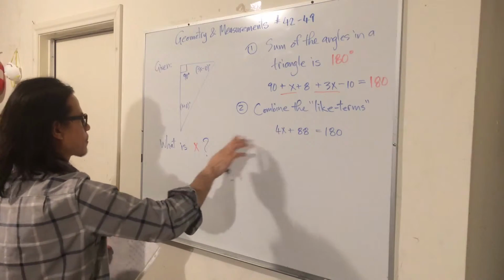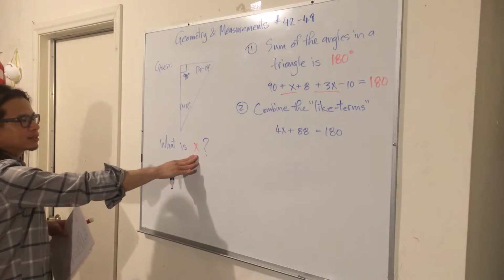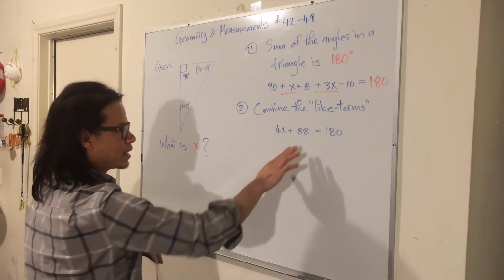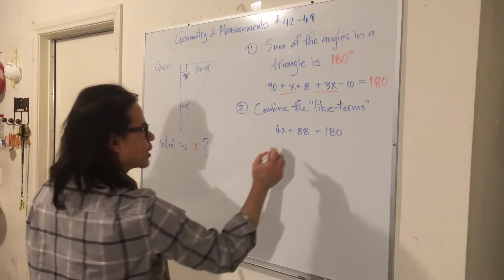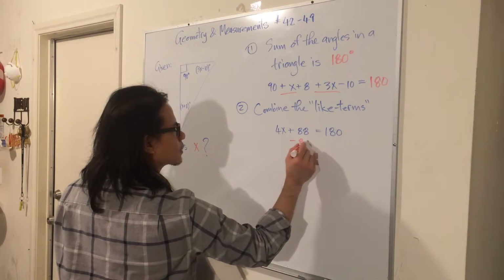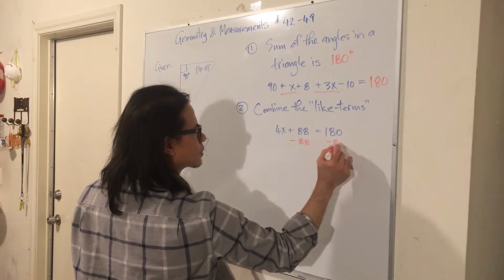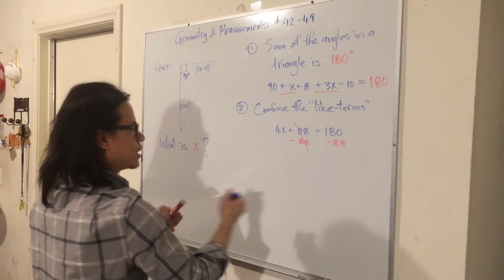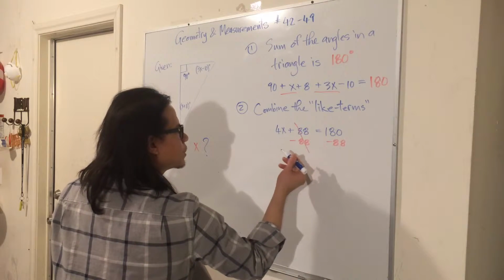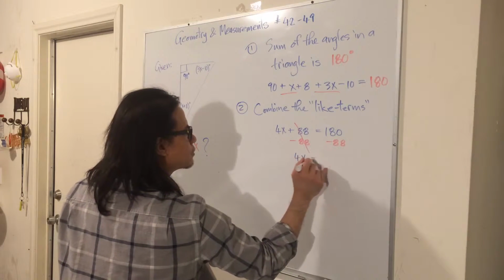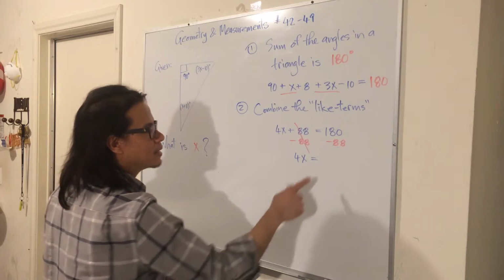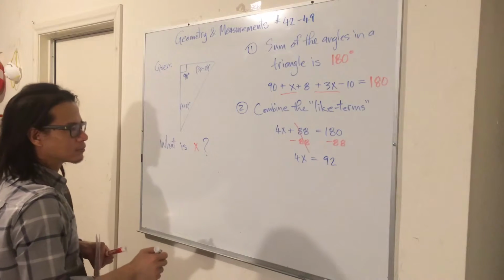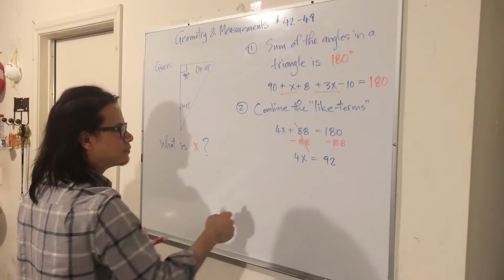Now, the question is asking for x. Let's get x by itself. We need to get rid of the 88. So what's the opposite of plus 88? Subtract 88 from both sides. So we have 4x is equal to 180 minus 88, so I have 92. So let's get rid of the 4.